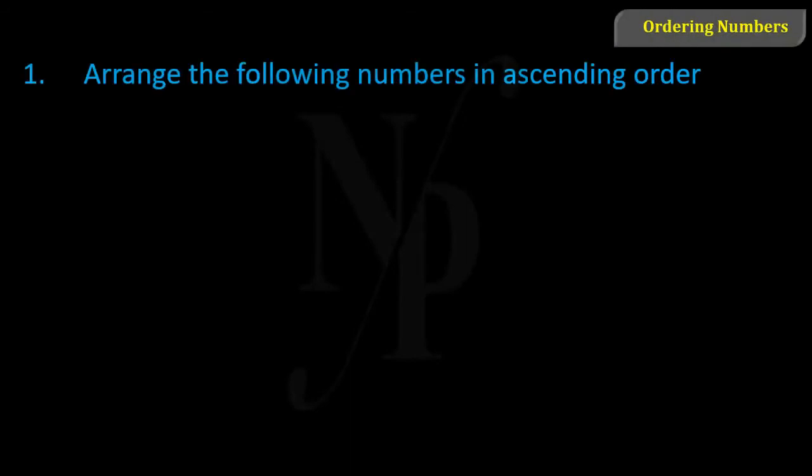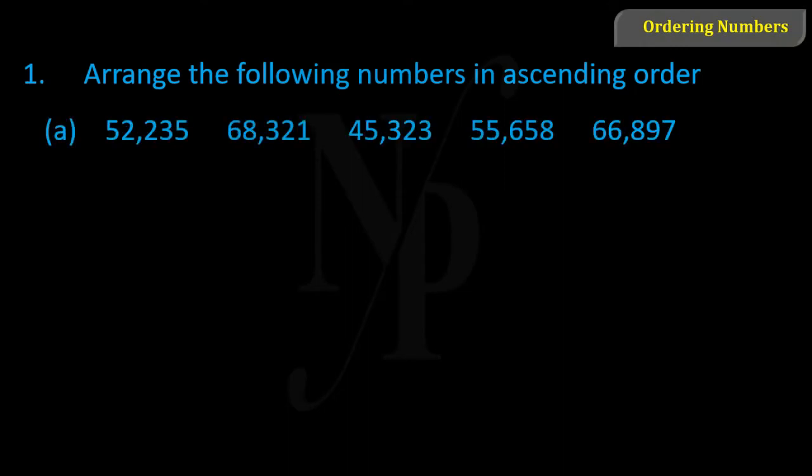Example number 1. Arrange the following numbers in ascending order. A: 52,235, 68,321, 45,323, 55,658, 66,897.